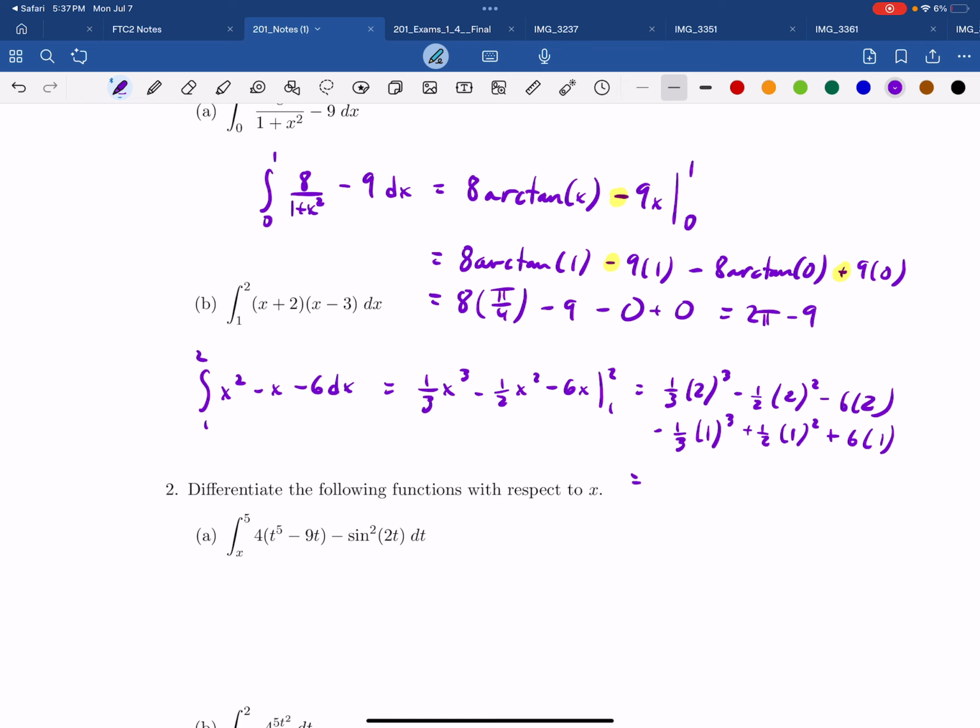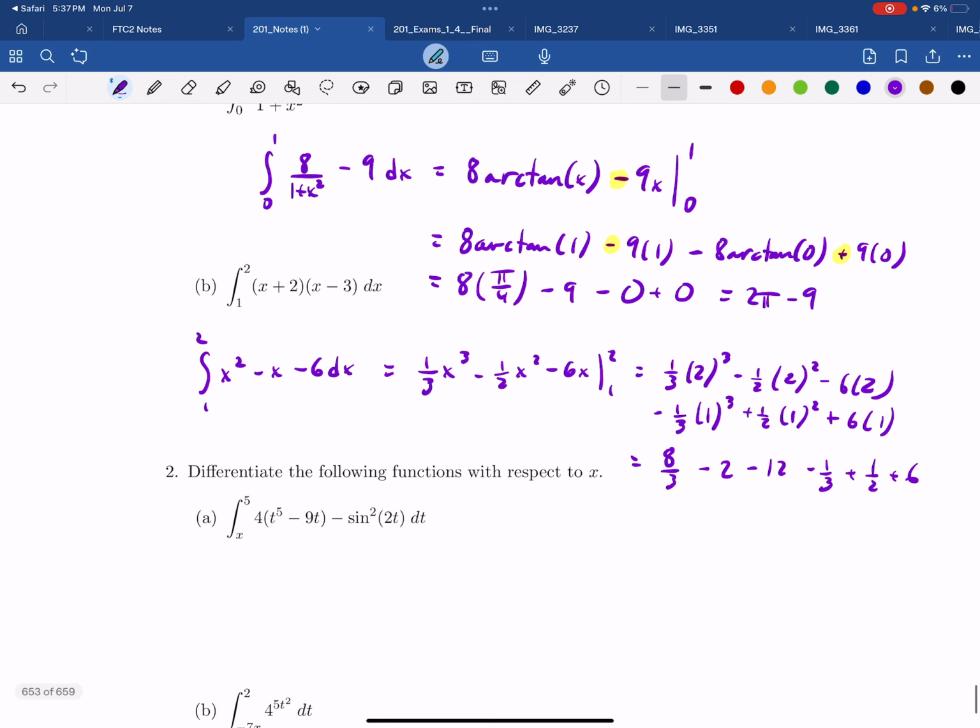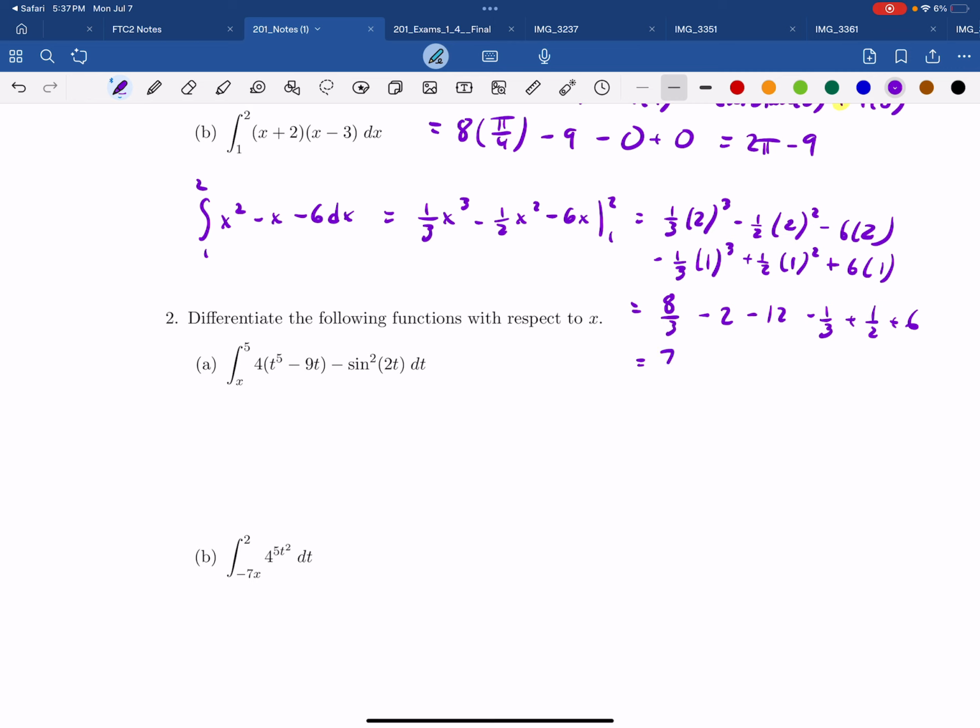And let's take a sec to simplify. This is not that bad, right? This is 8/3 minus 2 minus 12 minus 1/3 plus 1/2 plus 6. All right, and we could simplify this a little bit better, maybe. 7/3 plus 1/2 minus 14 plus 6 minus 8.